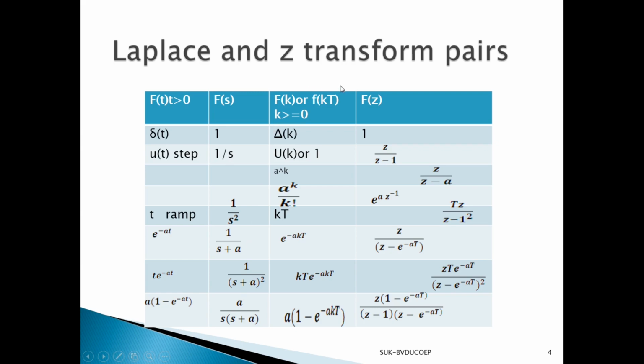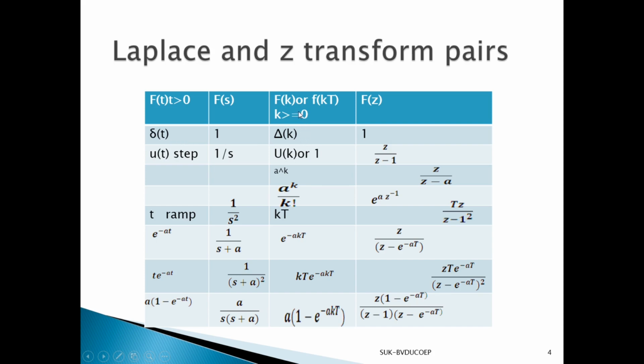Now I will just brush up or check this important table, which will be applied in our particular solutions. So this is an impulse signal. An impulse signal has no width and it is an impulse of amplitude 1, delta. As you have studied, the impulse signal Laplace transform is 1. This is a continuous time signal.